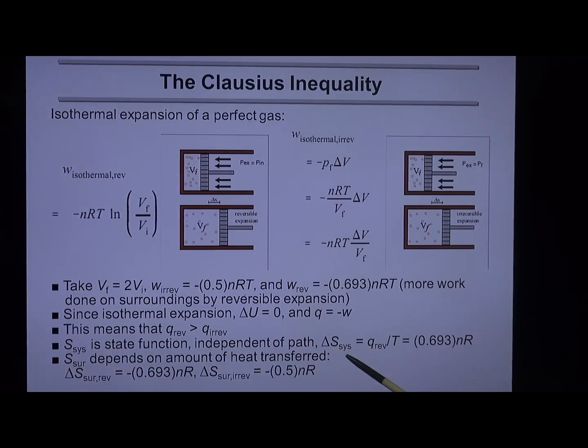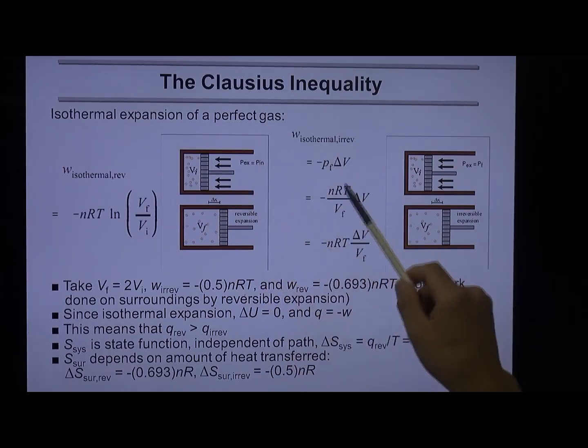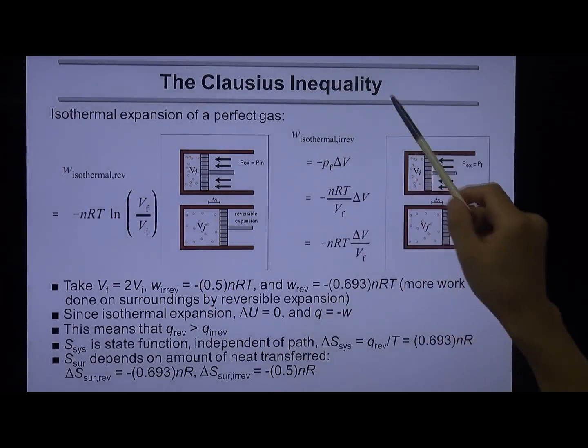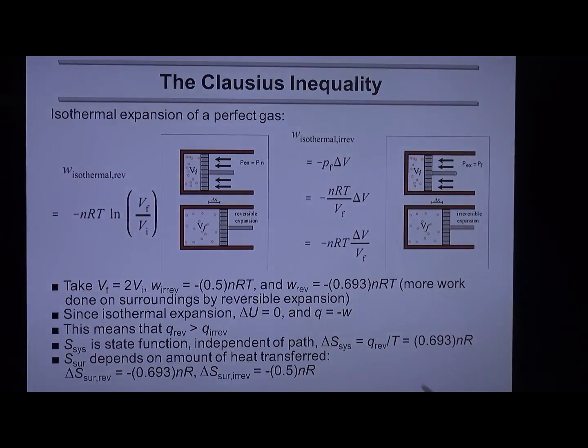Delta S from the definition is Q reversible over T. Since this is an isothermal process, we can use this expression. So for both reversible and irreversible processes, delta S system is the same as this, because this is the definition of delta S system.